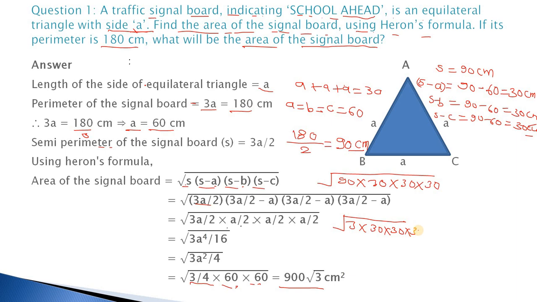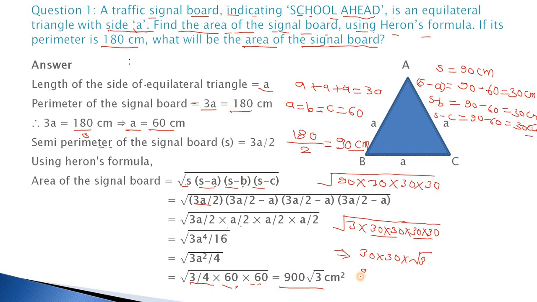We get 4 times multiplication of 30 under the root. Further solving, we get the pair of 30, that is 30 into 30 into root 3.